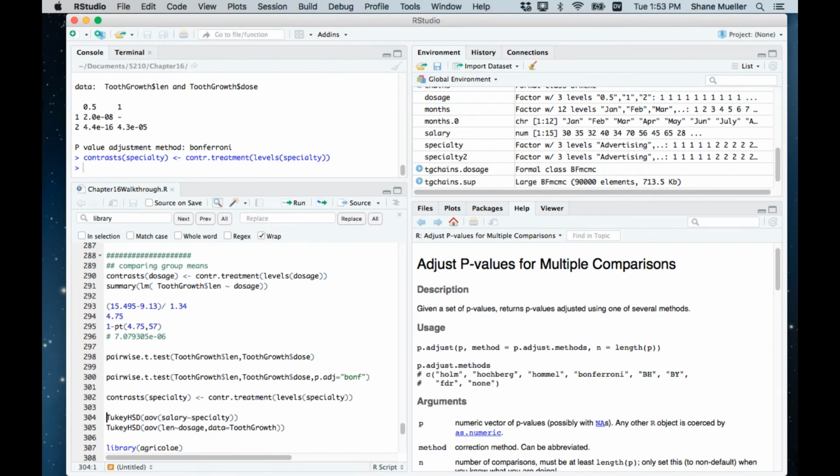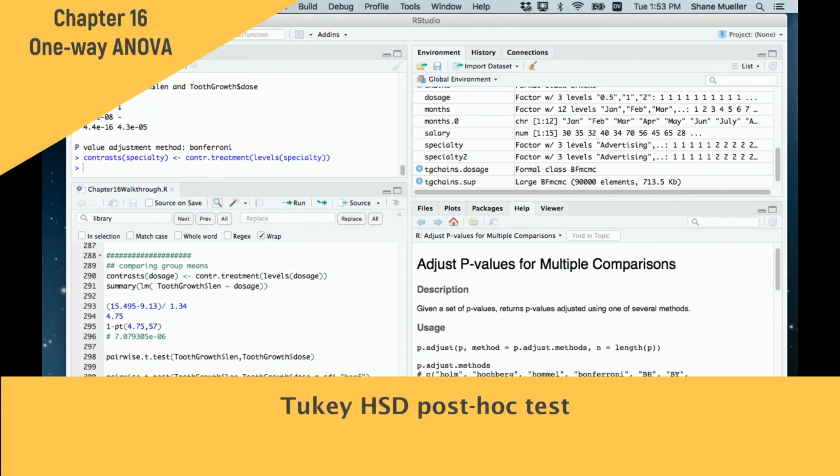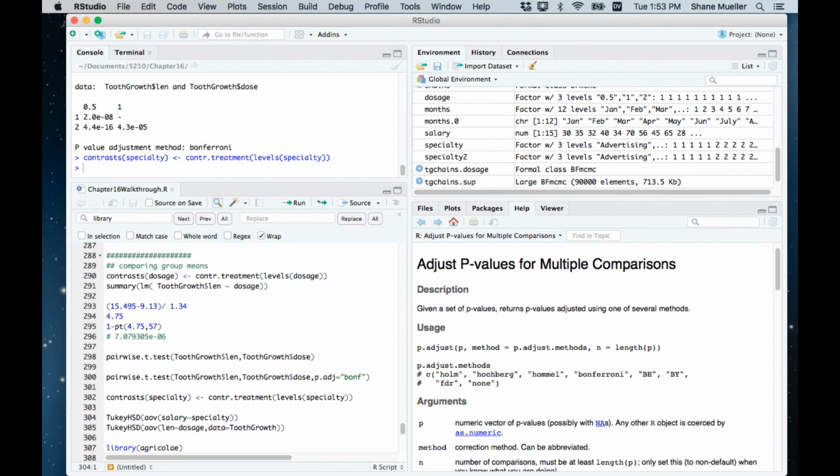But another way to do it is, if they're all planned comparisons, you should set up your contrast this way. Sometimes all of the comparisons are planned. You still have to worry a little bit about correction for over testing.